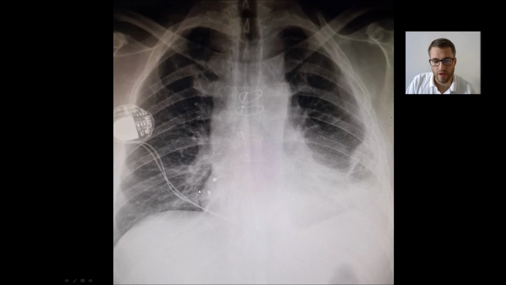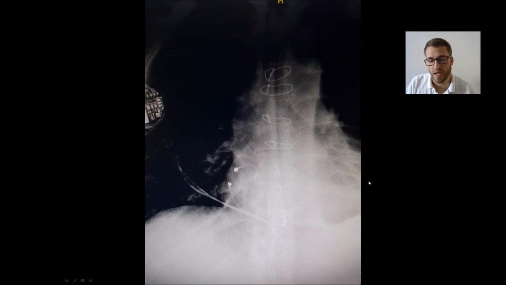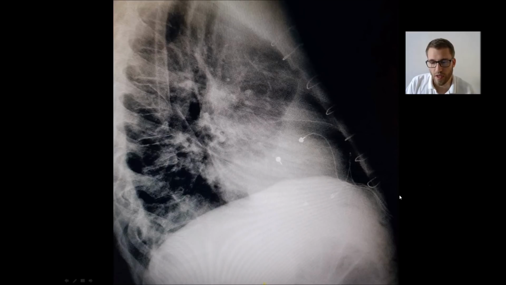These are not the normal leads you would usually expect after a pacemaker implantation, but this time the cardiac surgeons put epicardial leads directly on the atrium, and on the next slide you see a little better the attached epicardial ventricular leads. So the patient had a new pacemaker with new epicardial leads, and this is from the lateral view, the epicardial leads on the right atrium and the right ventricle.